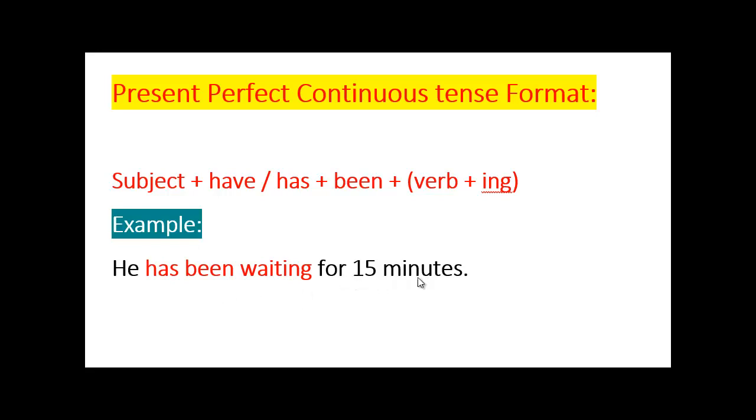So we say for 15 minutes, using for, or since 2 o'clock, because he started waiting in the past and then until now. And this is how we describe the present perfect continuous: an action started in the past and continued until now. It takes a duration, since and for, or we can use lately and recently.